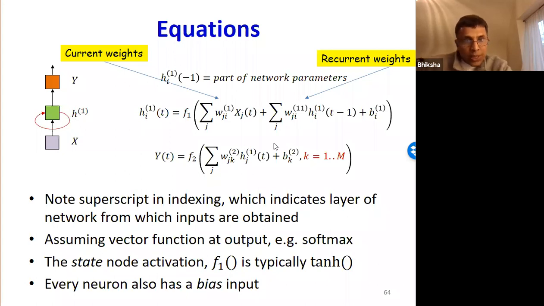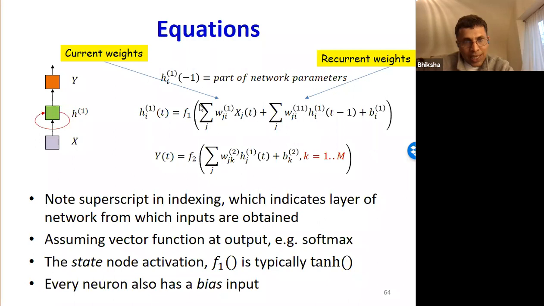So there are two sets of weights. The superscript 1 over here represents the set of weights that the layer takes from the input. The other represents the weights from the same layer at the previous time.